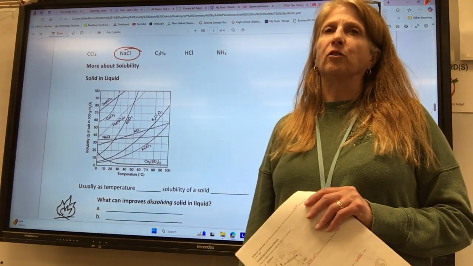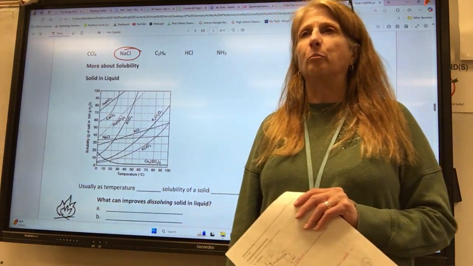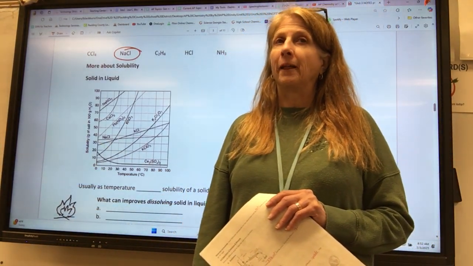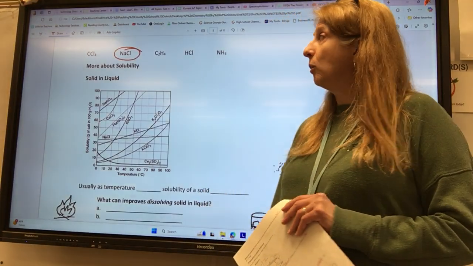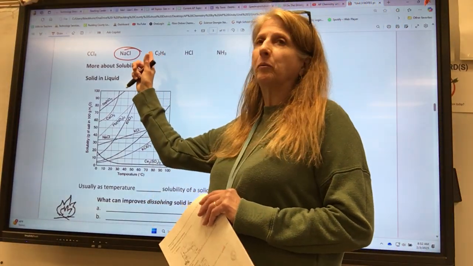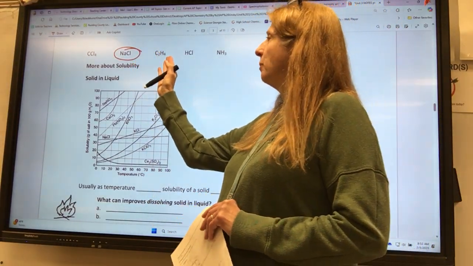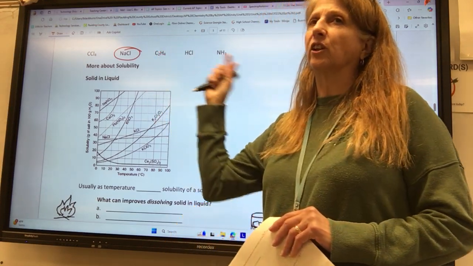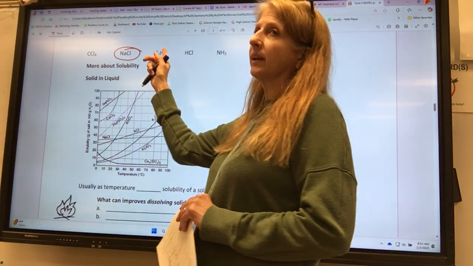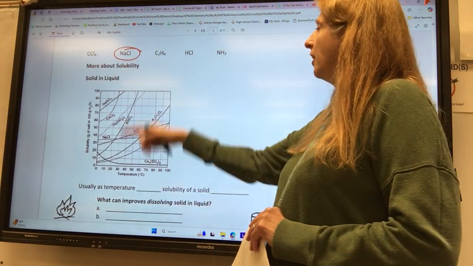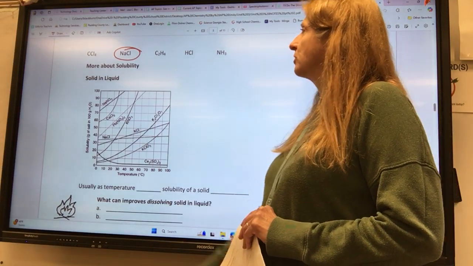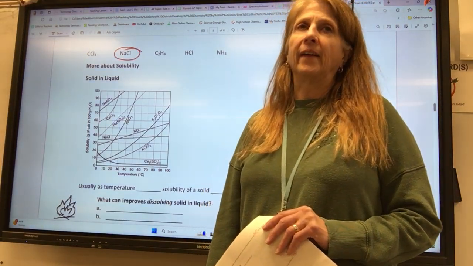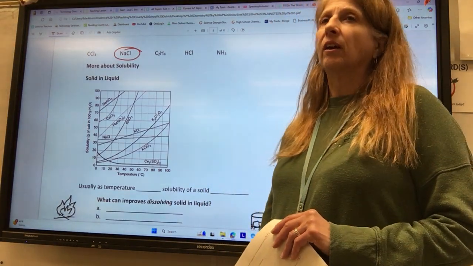CH2, hydrocarbons, are they polar or non-polar? Non-polar, because everything's going to be real balanced here. The bond between carbon and hydrogen is a polar bond, so they're all going to cancel each other out. So that one is non-polar. Hydrochloric acid, HCl.